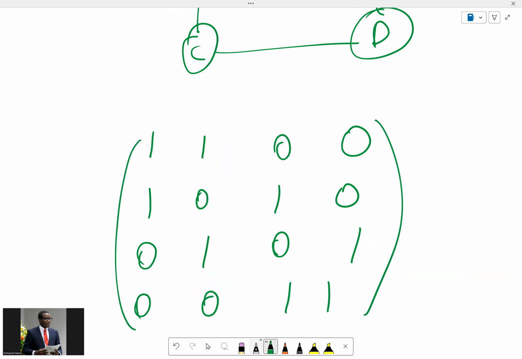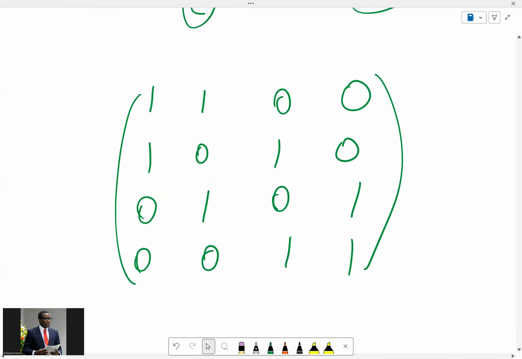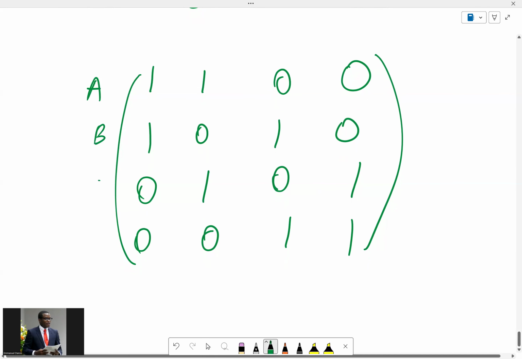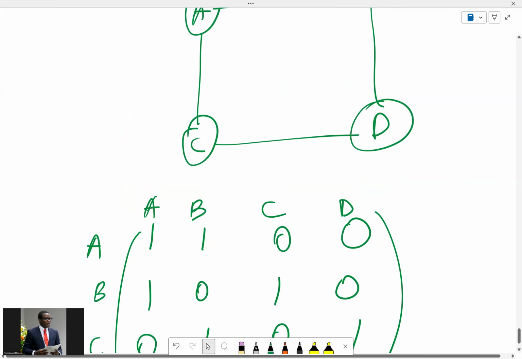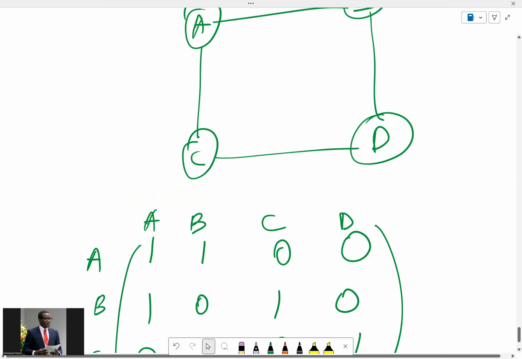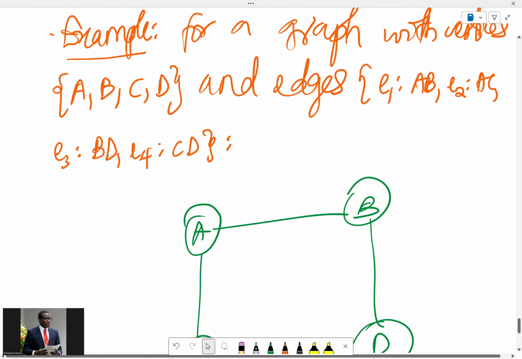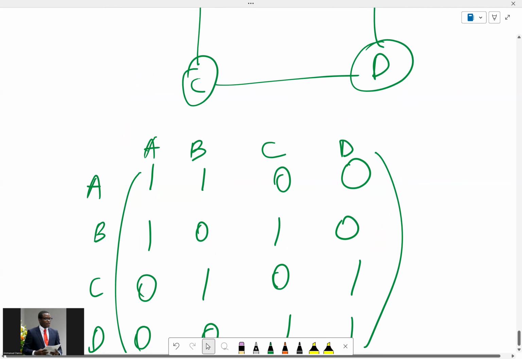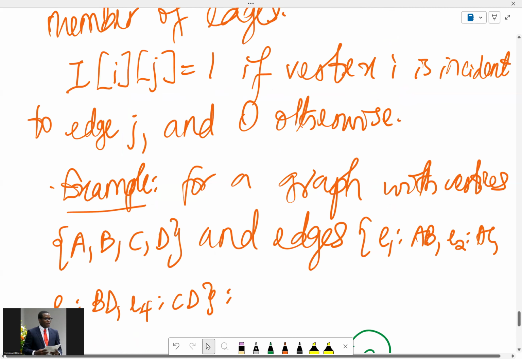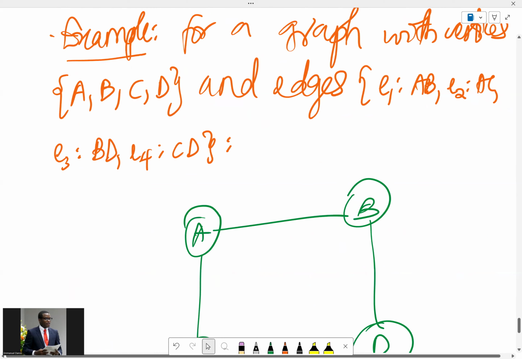Let's make sense of this. What exactly is happening here? A is giving you one. What that simply means is that Iij, where the row and column are not the same, will be one if vertex i is incident to edge j.